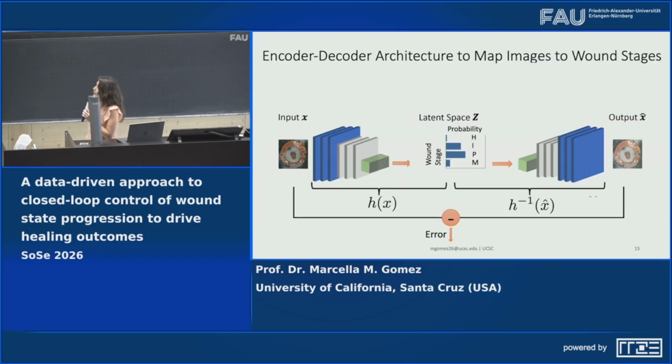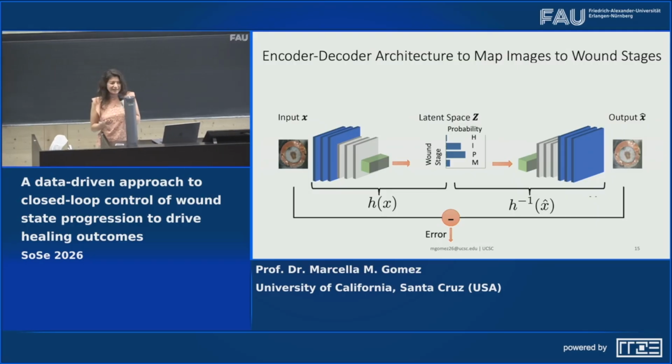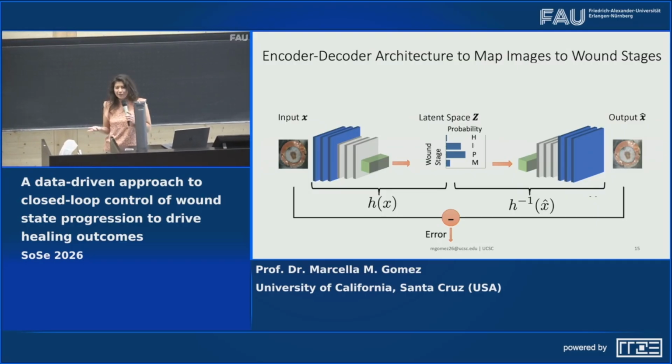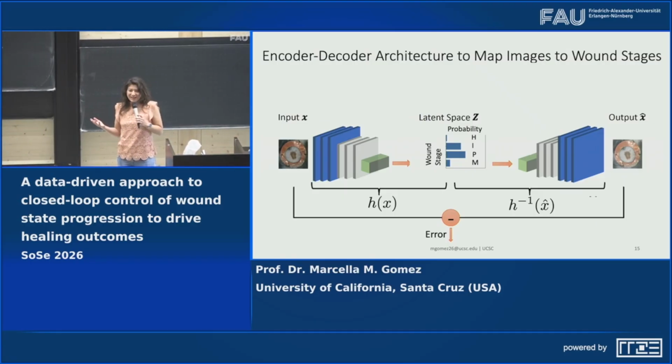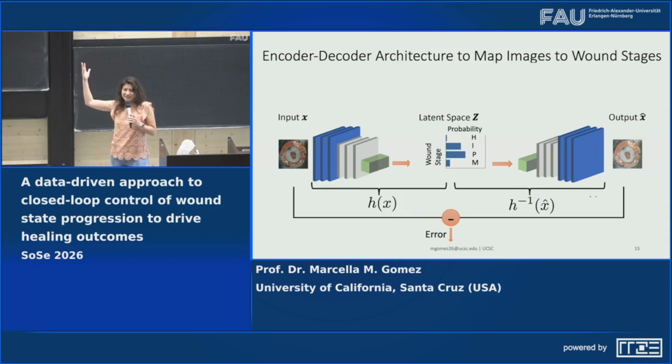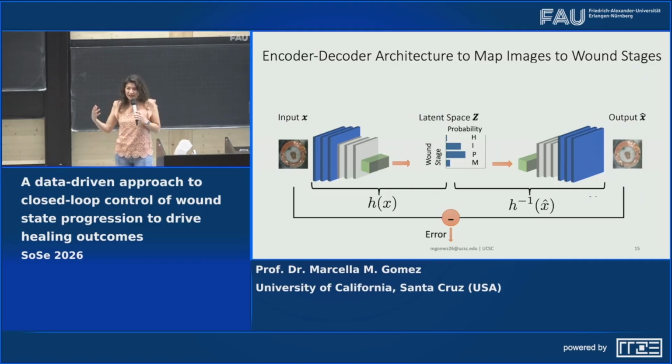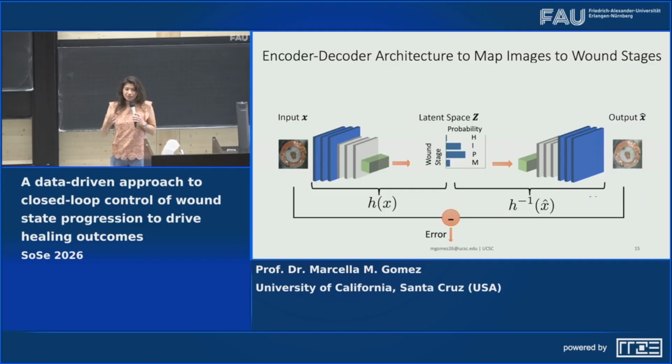Because the dimension of the latent space doesn't necessarily need to be interpretable, right? The latent space is just some reduced ordered description that is sufficient to reconstruct what was put into the encoder. But in this case, we can add interpretability to the latent space by constraining the temporal evolution of that latent space.